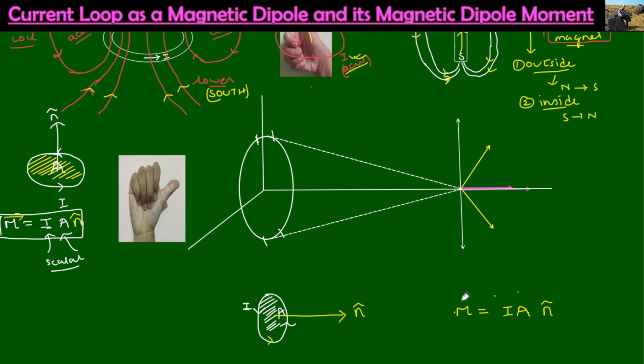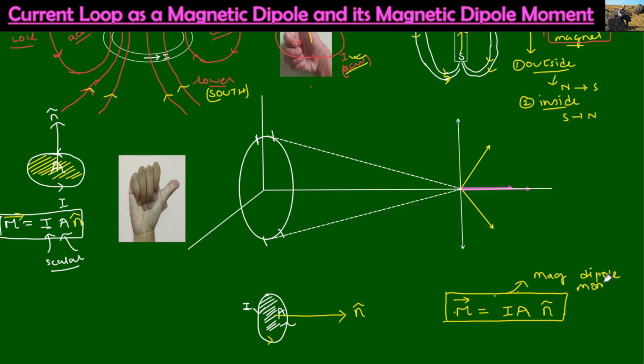This is the definition and the formula for the magnetic dipole moment.